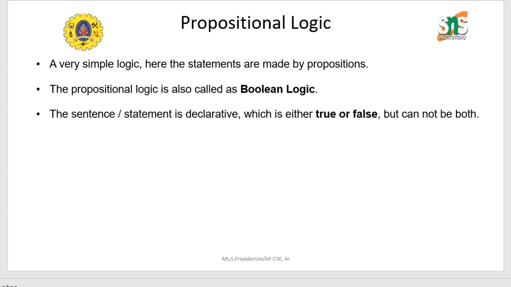Propositional logic is built on propositions, logical connectives, and truth values. Propositional logic is also called Boolean logic. A proposition consists of either true or false, but cannot be both. It is a simple declarative statement that can be either true or false.